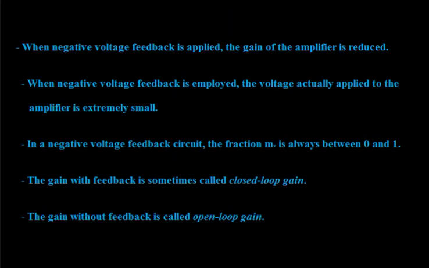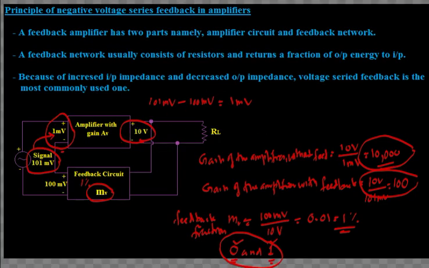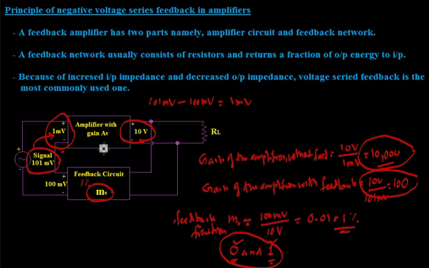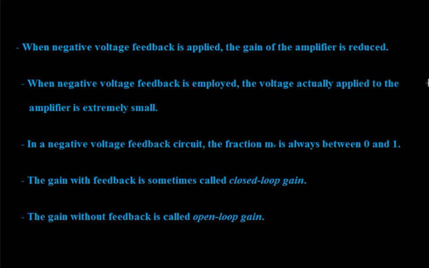Another important thing which we have to note here is that if we consider a circuit with feedback, this amplifier circuit and the feedback network forms a loop. So the gain of the amplifier with feedback is called closed loop gain.